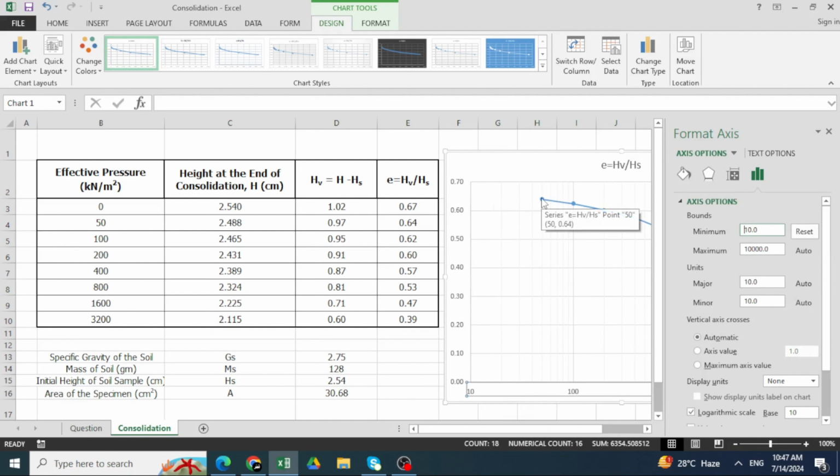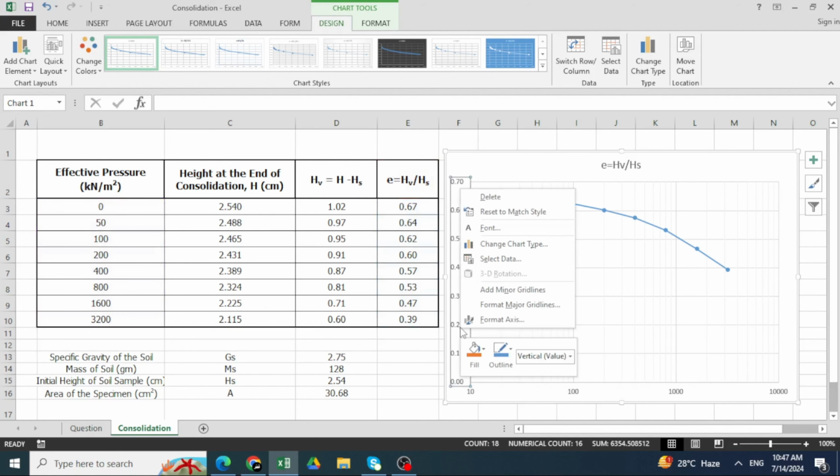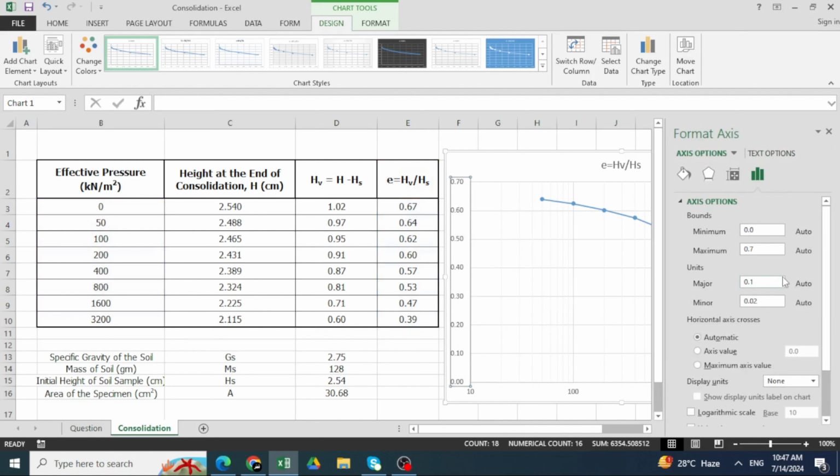Here you can see the 50, and the corresponding value of the void ratio is 0.64. On the left side we have the void ratio. So again, formatting the cell, like for the pressure one, the minimum, I'm keeping it at 0.2.